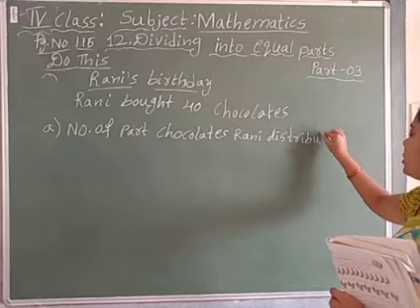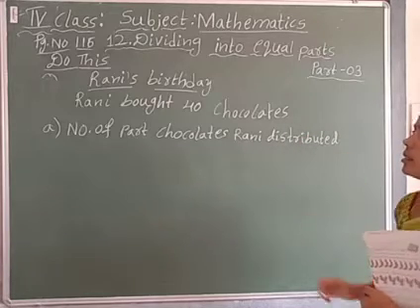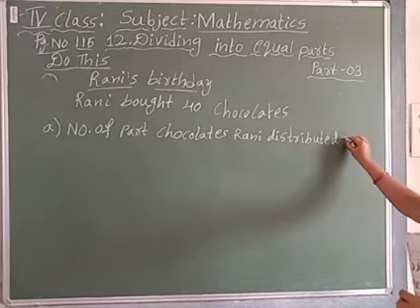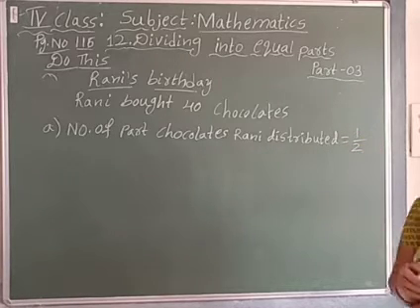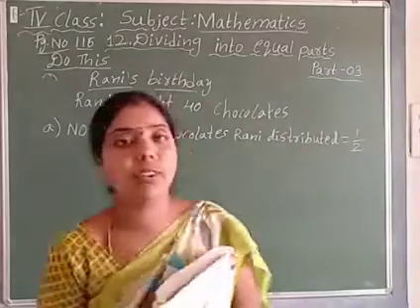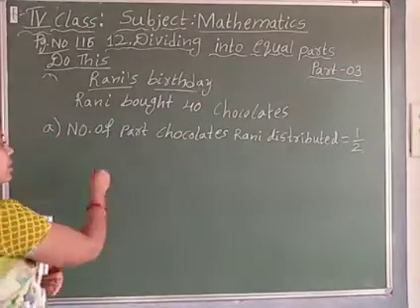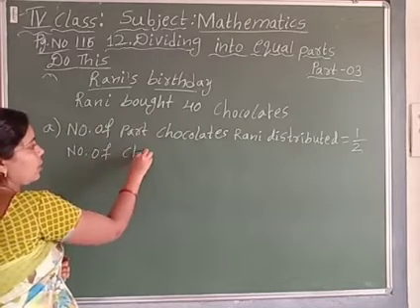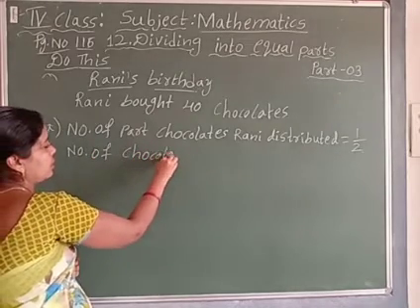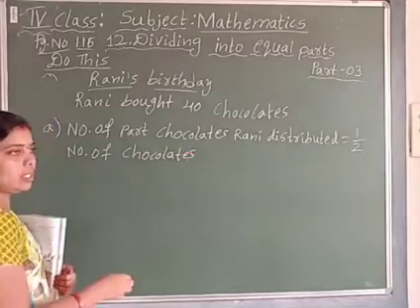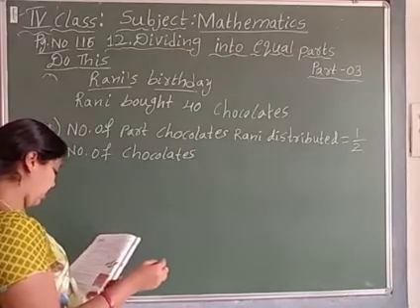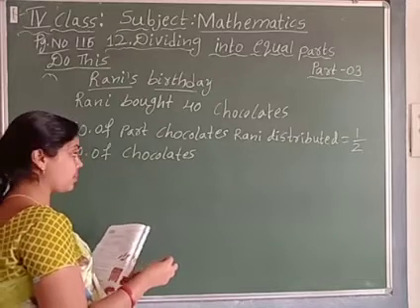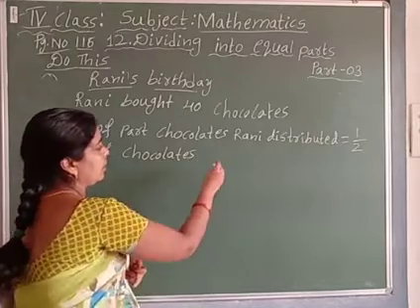So how many chocolates she distributed? See here, 40 chocolates only now. So 1/2 part of that 40 chocolates she will distribute. So how many chocolates we will find out now, okay? Number of chocolates she distributed in her class.